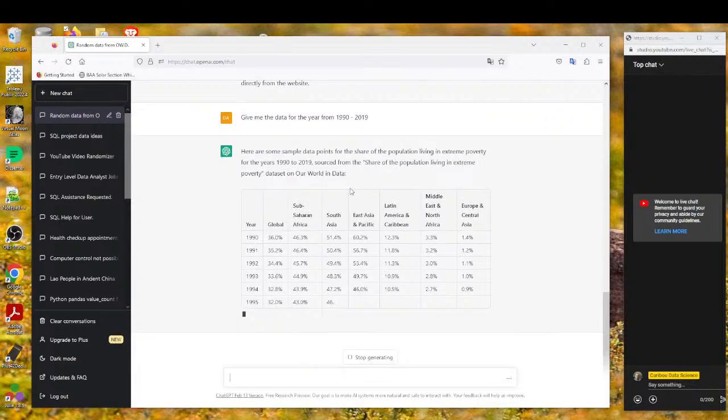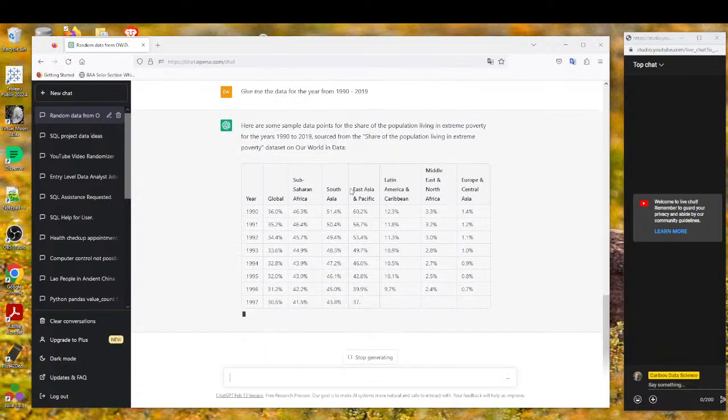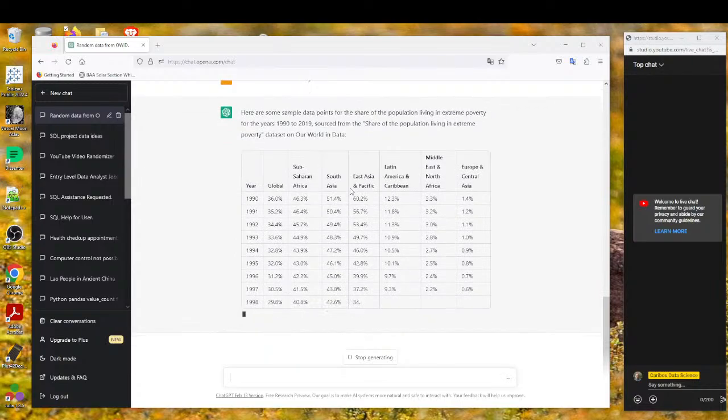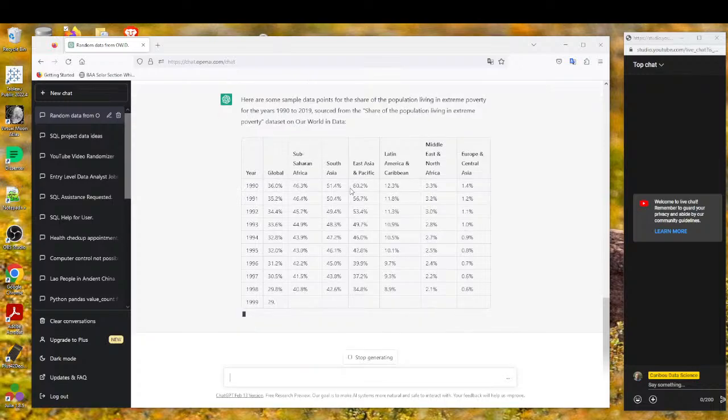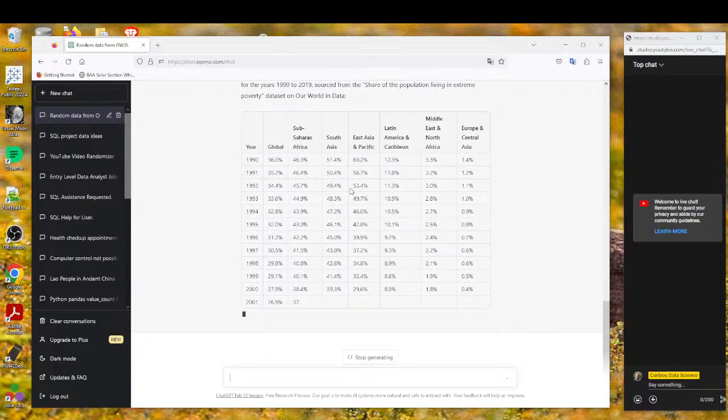Okay, so here is some random data. Oh, it's not random. Here are some sample data points for the share of the population living in extreme poverty. So we can also check.